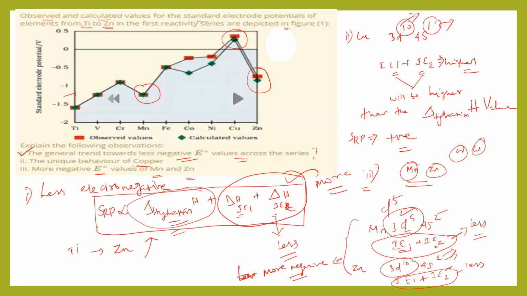This is the half-filled configuration, this is the completely filled configuration, and that is why this is more negative. But in the case of copper, the second ionization enthalpy will be much higher, so put together, ionization 1 and ionization 2 enthalpies will be much higher than the hydration enthalpy, so the SRP of copper is positive in nature, more positive.